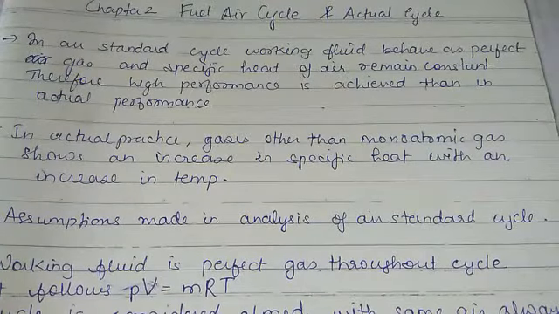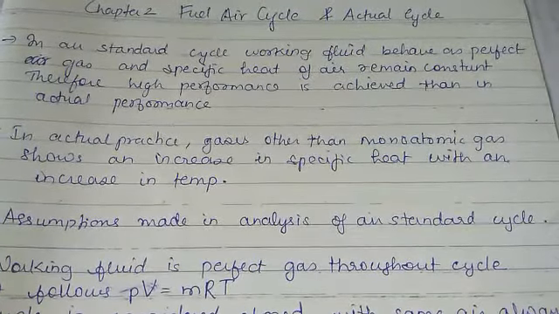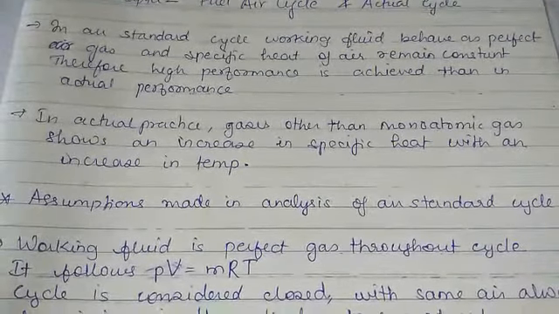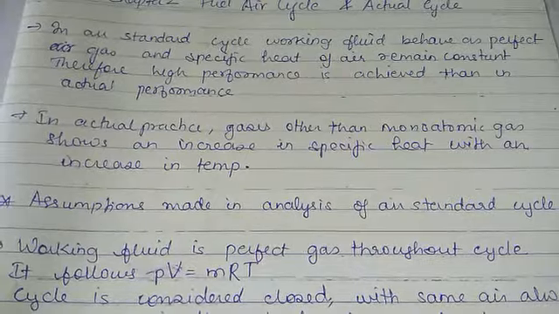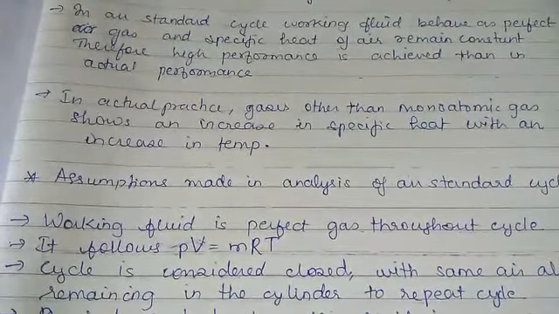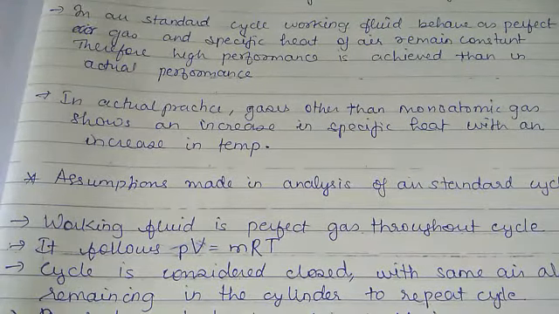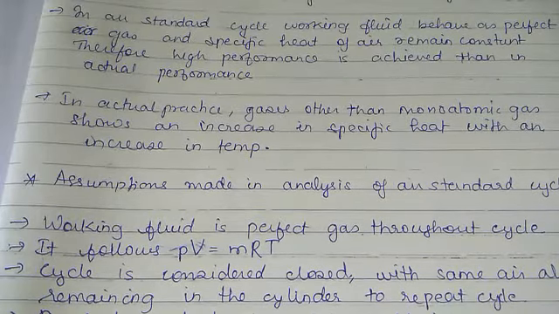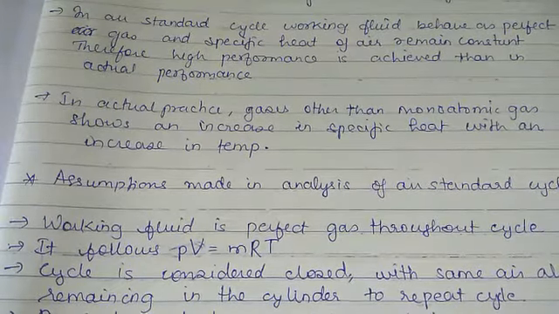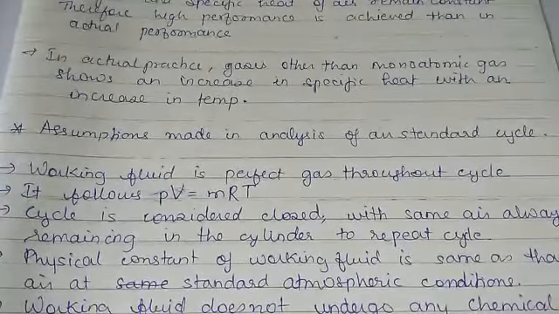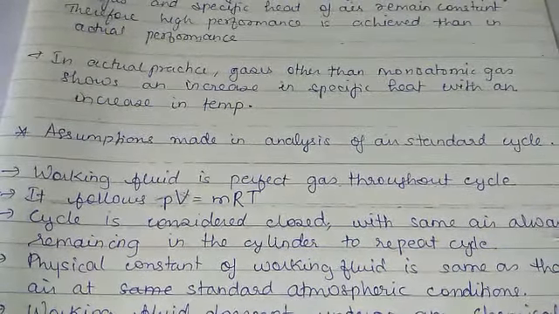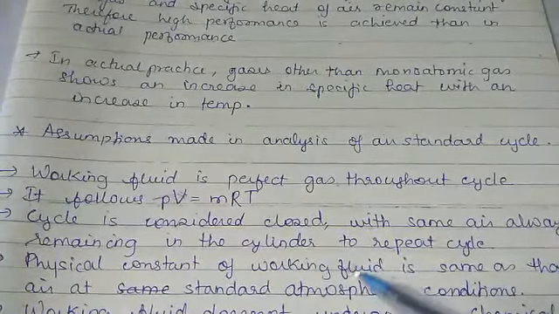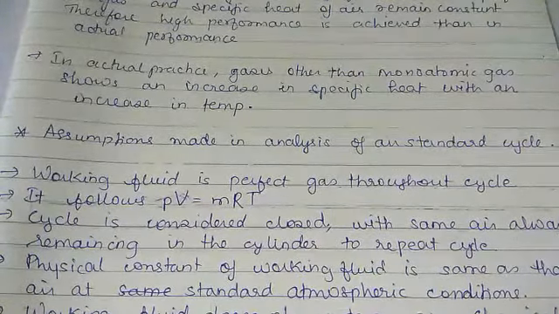Assumptions made in analysis of an air standard cycle. First, the working fluid is a perfect gas throughout the cycle. Second, it follows the combined gas law, which is PV = mRT. Third, the cycle is considered closed, with the same air always remaining in the cylinder to repeat the cycle.